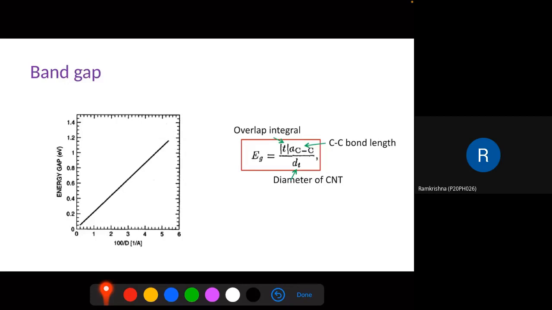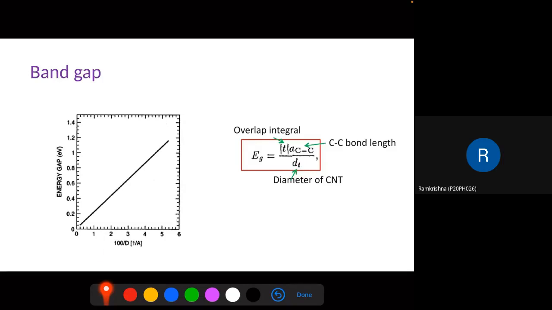So then, if you look at their properties, the electronic properties, for example, you will have a different band gap which depends on the diameter of the carbon nanotube.